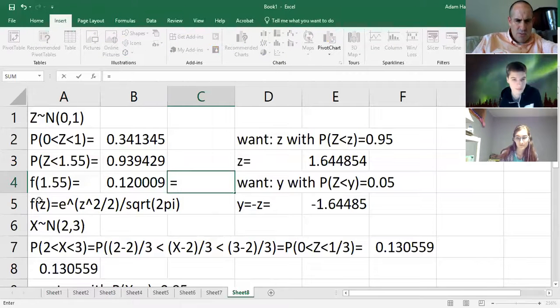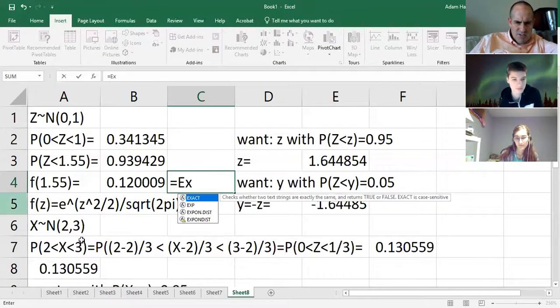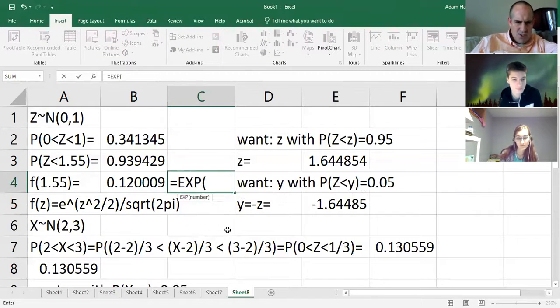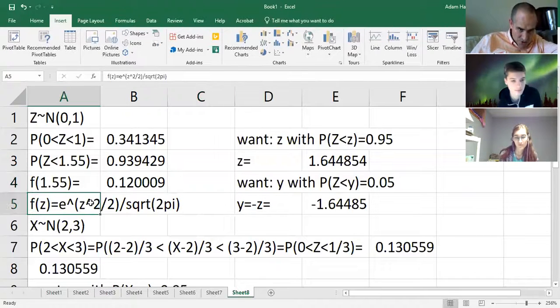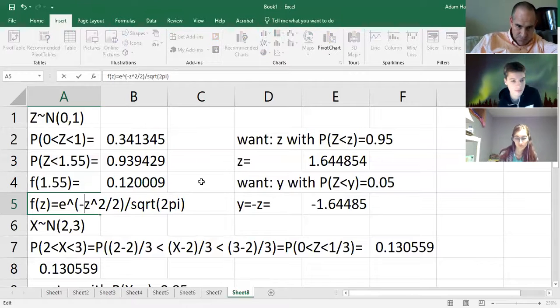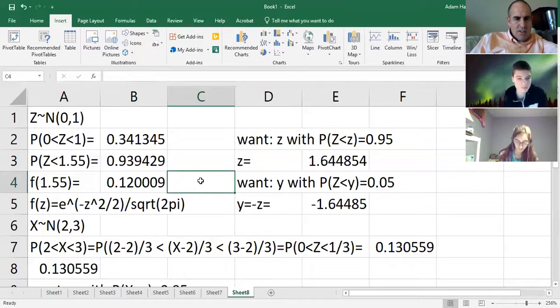Okay, so let's type in equals. You have to use exp for the exponential function. By the way, I messed up: this should not be e to the z squared, it should be e to the negative z squared over 2, all divided by the square root of 2 pi.